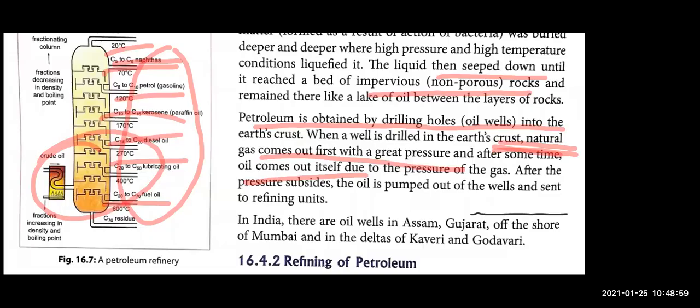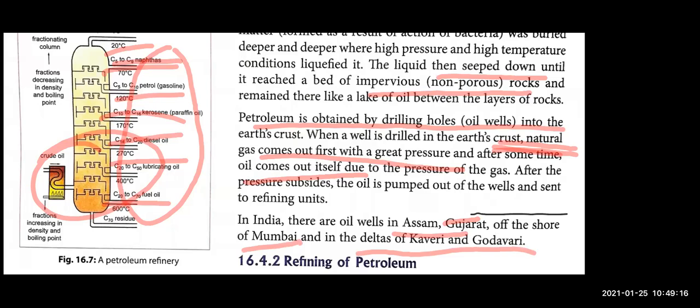So children, such refineries or such oil wells are present in Assam, Gujarat, and they are also present in Mumbai and in the deltas of Kaveri and Godavari.